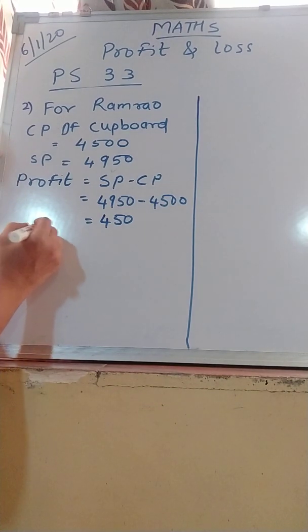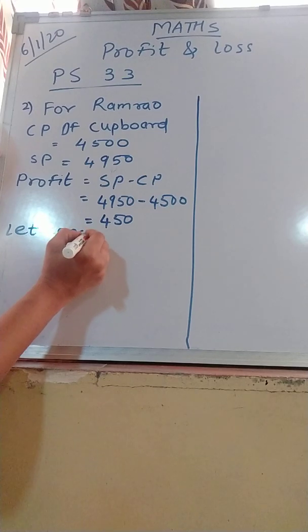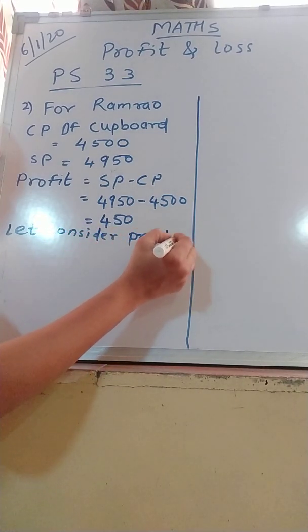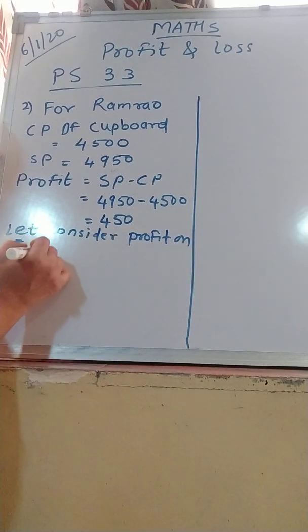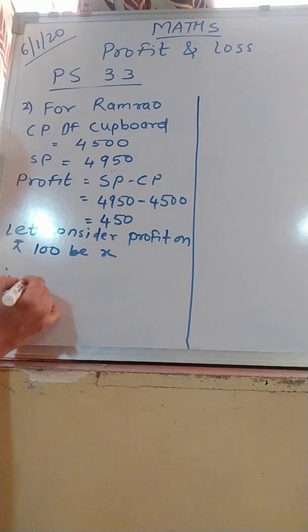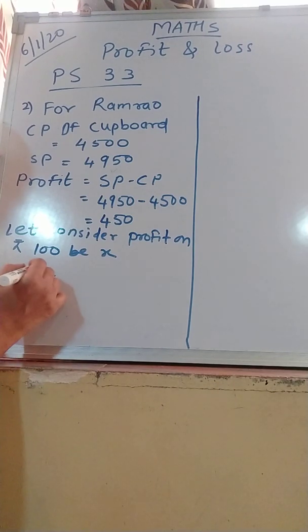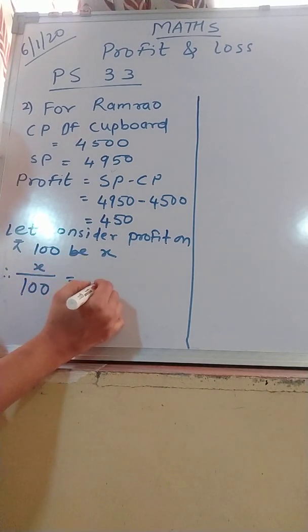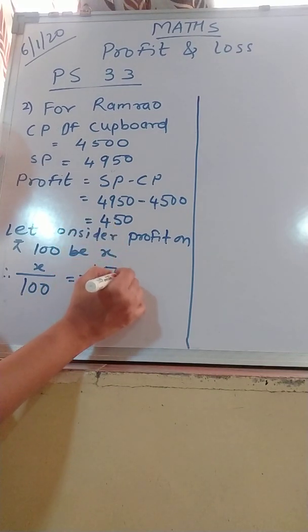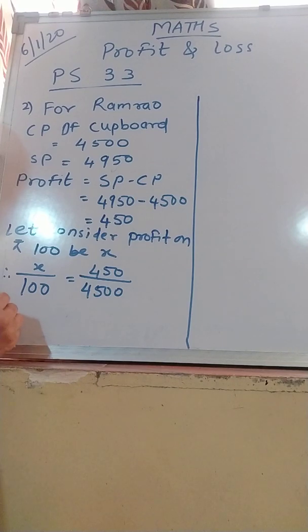So let us consider profit on rupees 100 be X. On 100 your profit is X. On 4,500 your profit is 450. Now solve this.